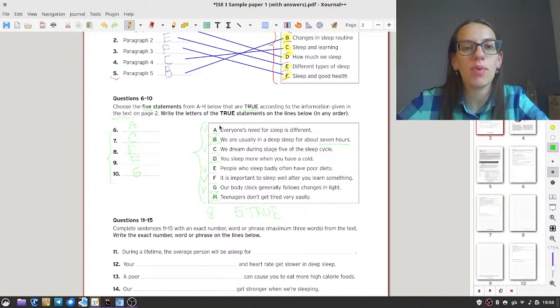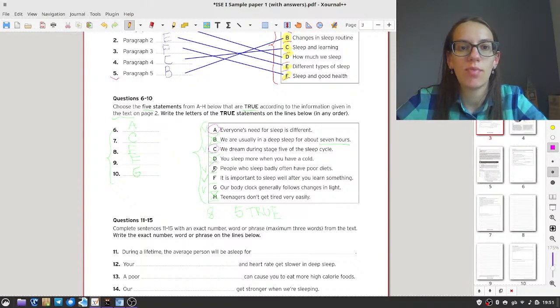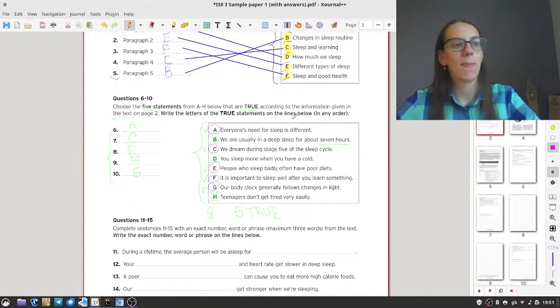So one more time, let's check that we have done this task correctly. We need 5 statements that are true. So how many true statements have we got? Let's count them maybe in a different color again for you to see better. 1, 2, 3, 4, and 5.